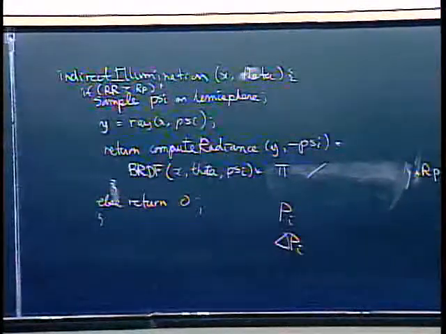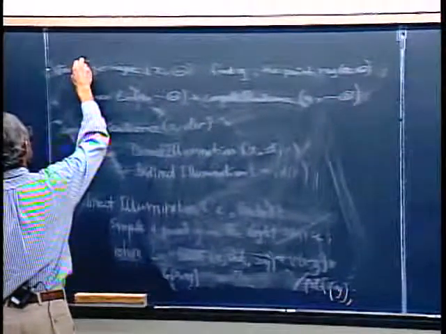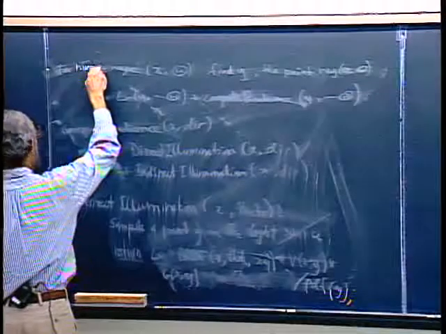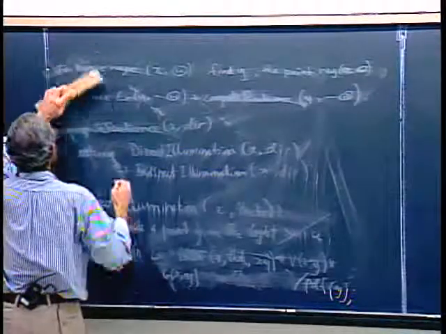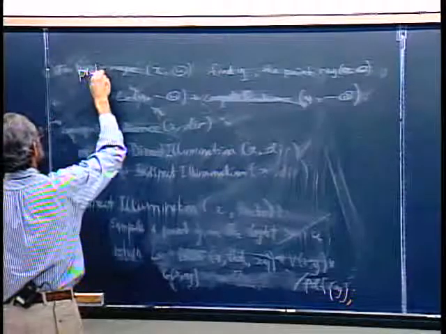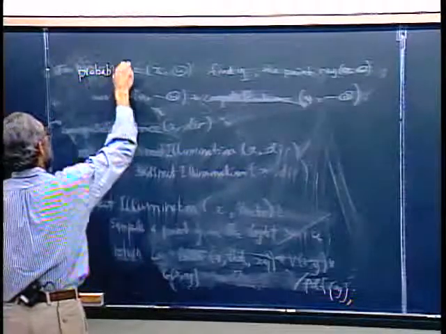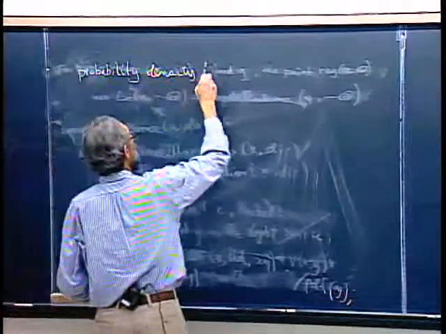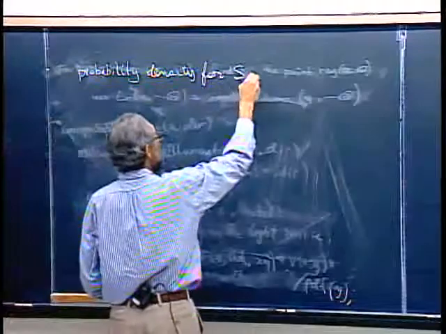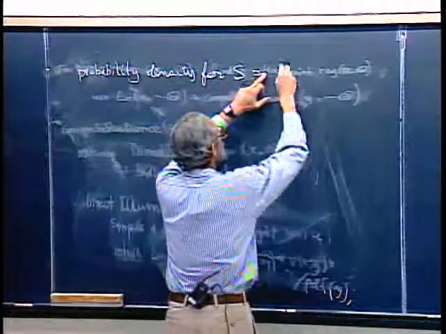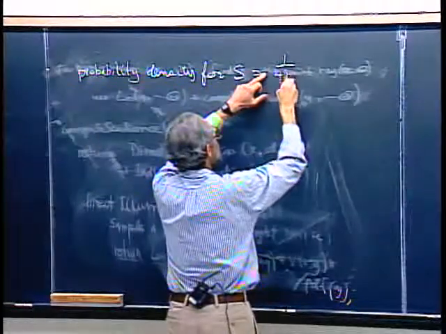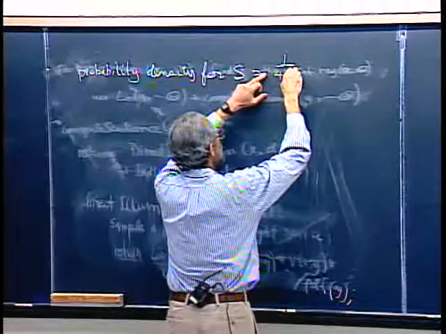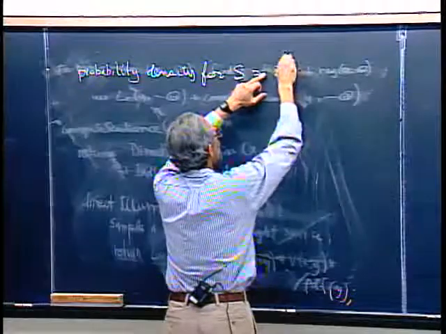So basically, the probability density for point S is 1 over the area of the sphere.